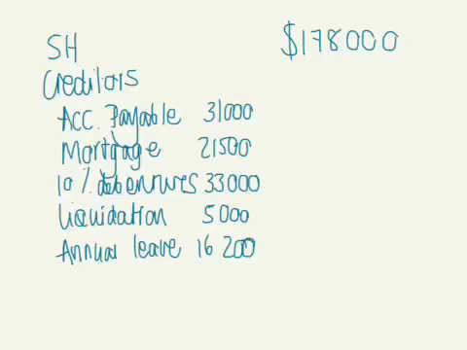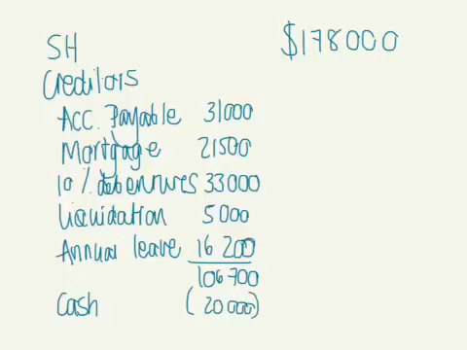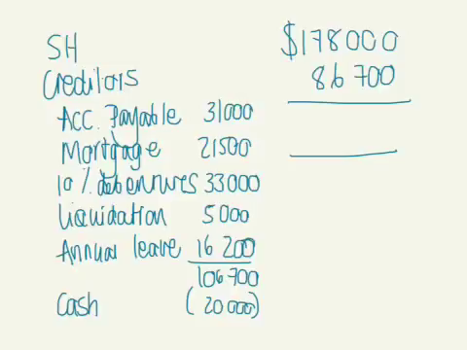That gives us a total of 31,000, 21,500, 33,000, 16,200 of 106,700. But don't stop there, because they've got cash on hand of $20,000. So we only give them 86,700 to settle their debts. So the total consideration transferred, 264,700.